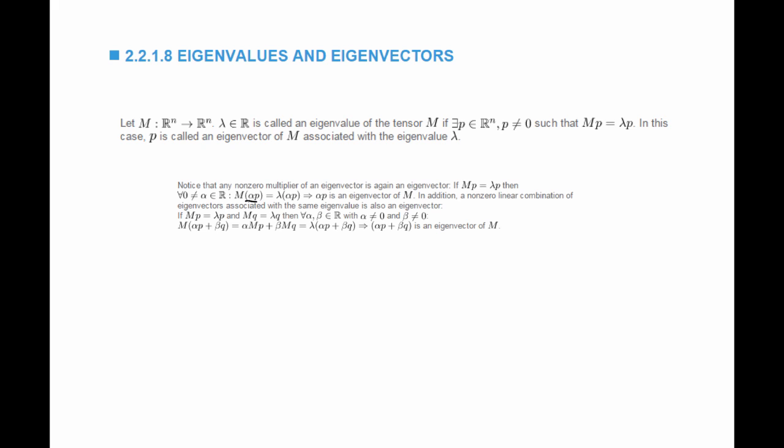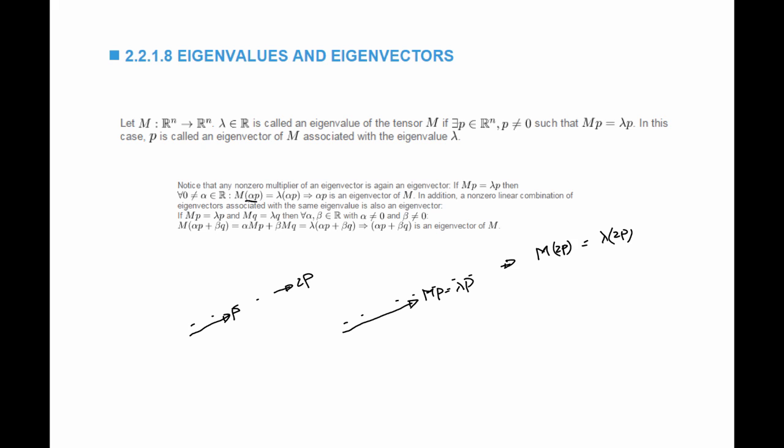So alpha P is an eigenvector of M. If I have a vector P, then MP is equal to lambda P. If I choose the vector 2P, then 2P is also an eigenvector, and I get M 2P equal to lambda 2P. And so any multiple of an eigenvector is also an eigenvector, and that's why we usually try to normalize an eigenvector after we find it.